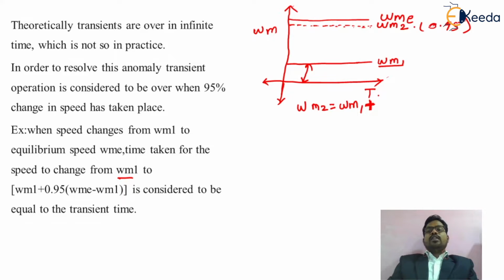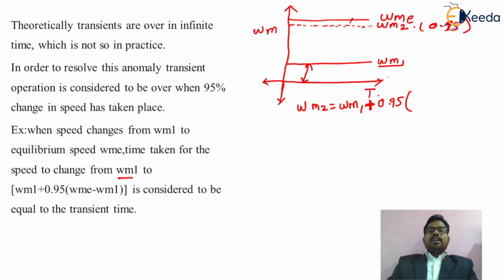Why we get this value of 95 we discussed earlier. So we get this term 0.95 in brackets.